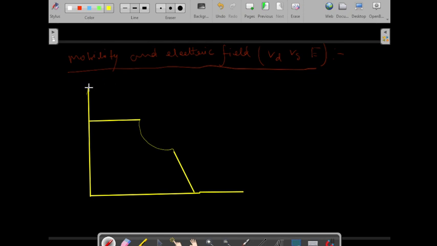This axis is mobility versus electric field. Here this axis is mu and this axis is E. Here the unit of E is volt per meter. In this graph there are three regions.